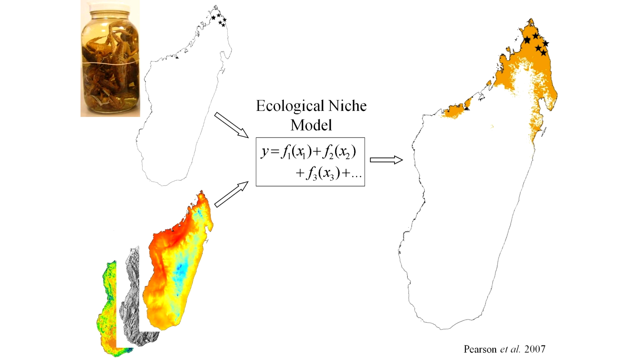These are in jars in the collections within our department. Those specimens have labels that have XY coordinates, so we can plot them on a map where that species was found. And it might have been a long time ago, but we at least have some estimates or some real records of where the species has been found. So that's a fundamental bit of information. We know something about the distribution of the species.